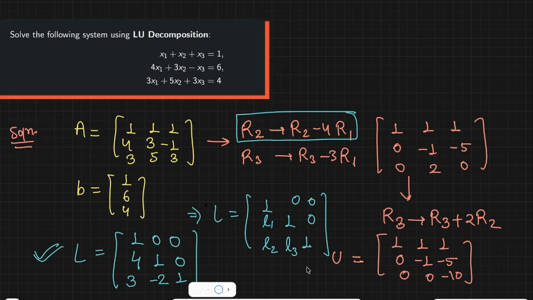This is my L, this is my U, and you know that whatever your A can be written in terms of multiplication of L into U. Okay, now what is my system? AX equals to B. And what is my A matrix?